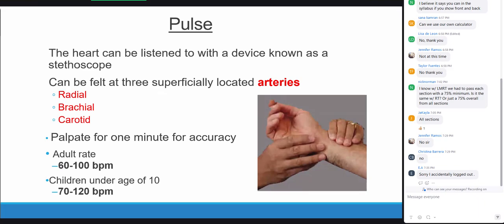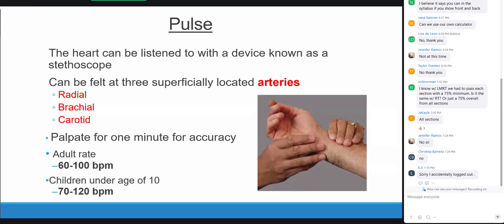The pulse can be listened to with a stethoscope and can be felt at 3 superficial arteries, the radial, brachial, and the carotid. For the most accurate reading, it should be palpated for a minute. The adult rate, again, 60 to 100 beats per minute.